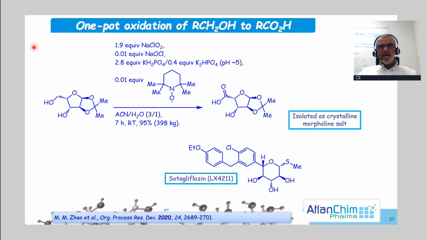In the large-scale preparation of this drug candidate for treating diabetes from L-xylose, oxidation of the primary alcohol of this intermediate to carboxylic acid was carried out with sodium chlorite and catalytic amounts of TEMPO and sodium hypochlorite in phosphate buffered aqueous acetonitrile at pH around 5.